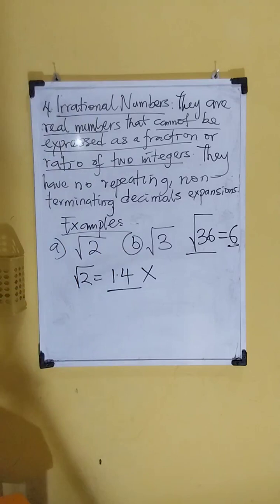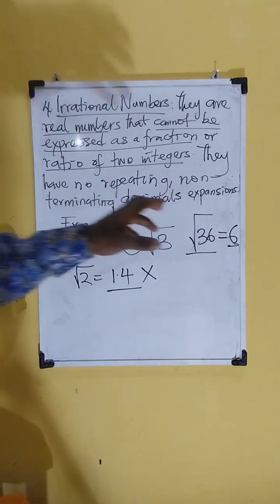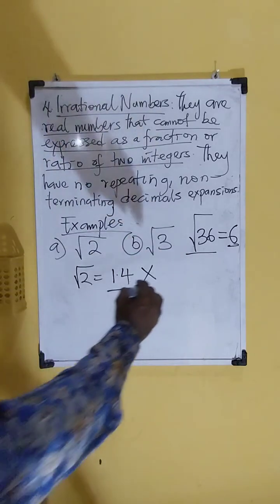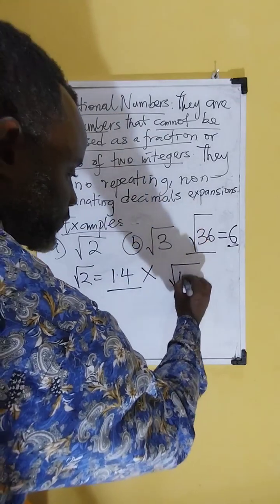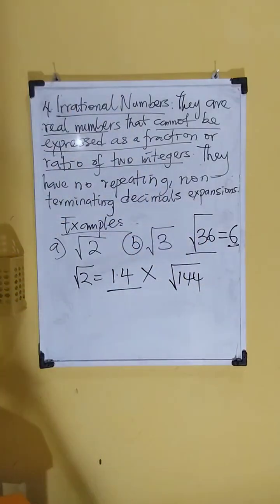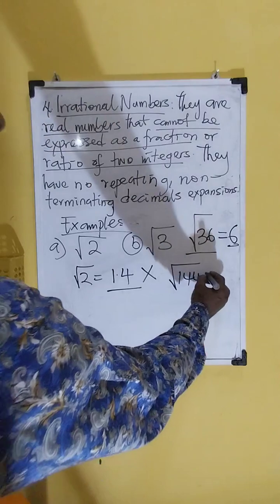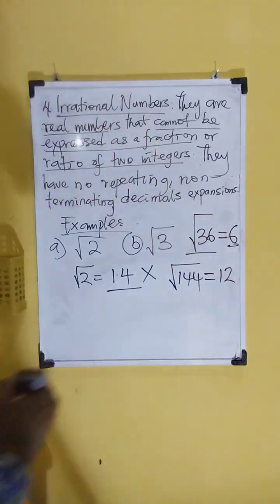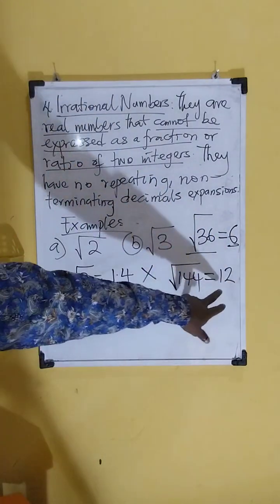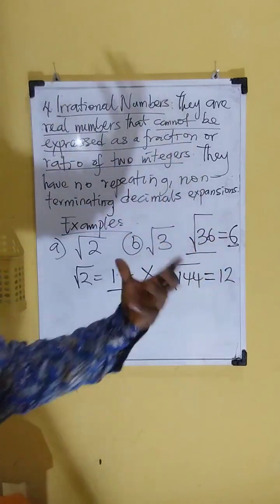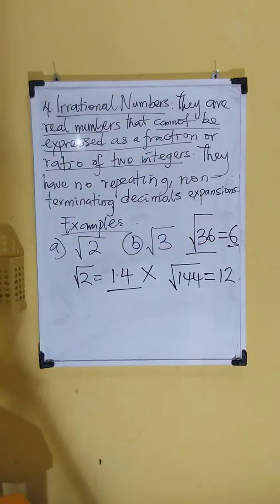Roland, find with me from your calculator the square root of 144. 12, exactly. So the square root of 144 is 12. It did not return a decimal number.